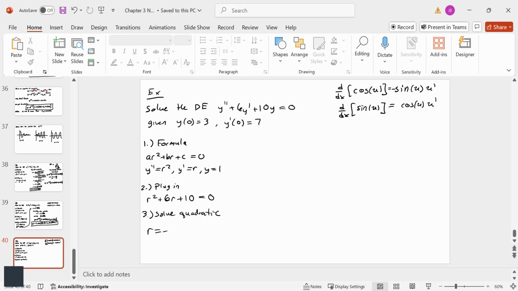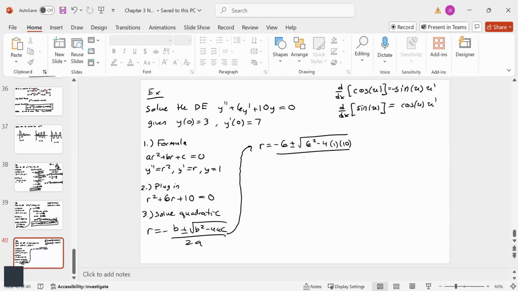And so we're going to write our quadratic formula right here. So there's our quadratic formula. And from there, we get negative 6 plus or minus the square root of 6 squared minus 4 times 1 times 10, all over 2 times 1.